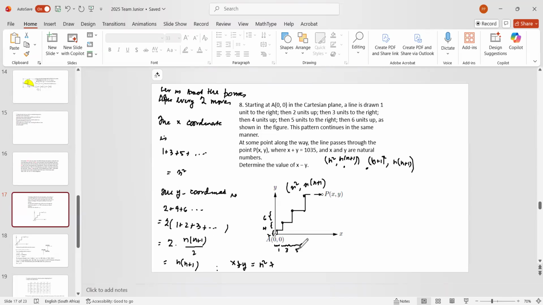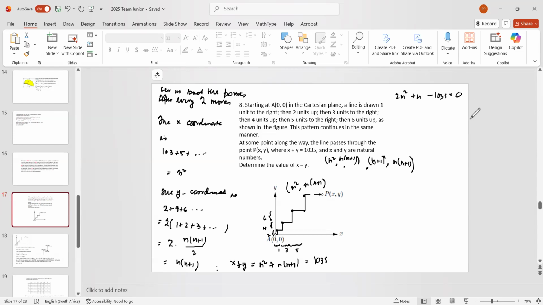We've calculated the y-coordinate to be n into (n plus 1). And this is given as 1035. All right, now we can actually solve for n here. You got n squared plus n squared, which is 2n squared, plus n. And if you take the 1035 to the other side, you get 0.